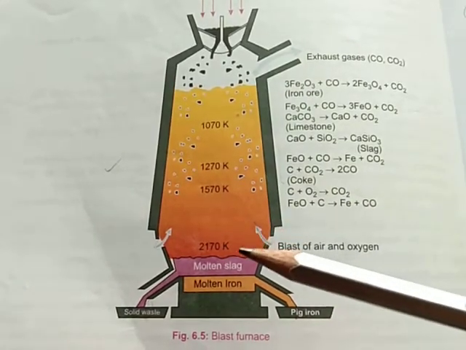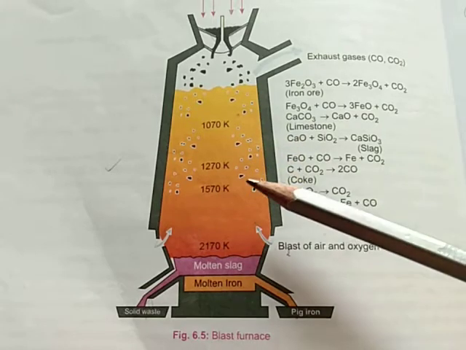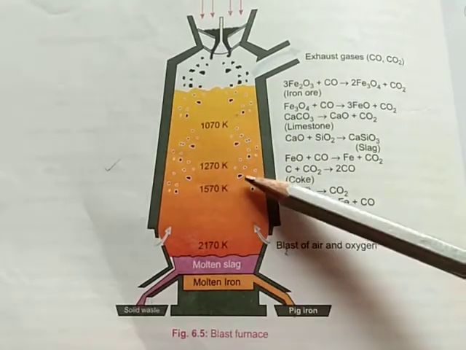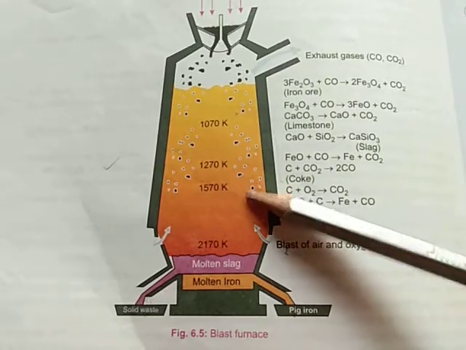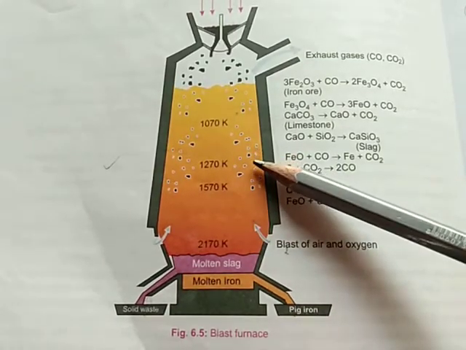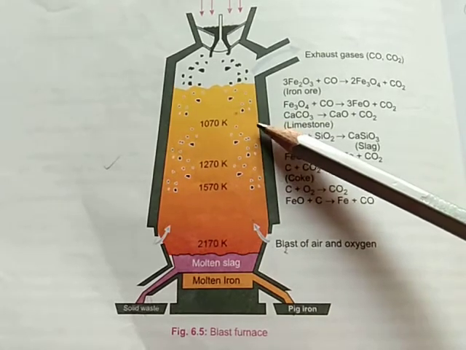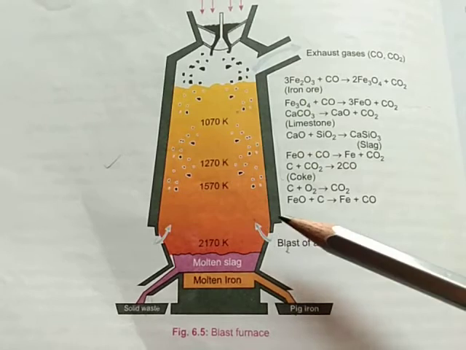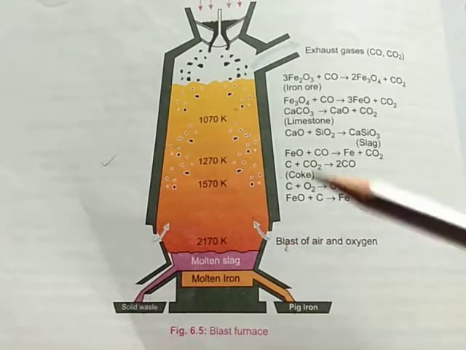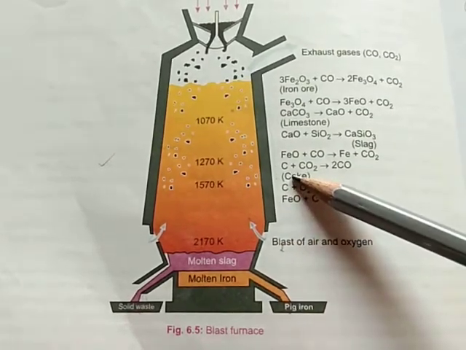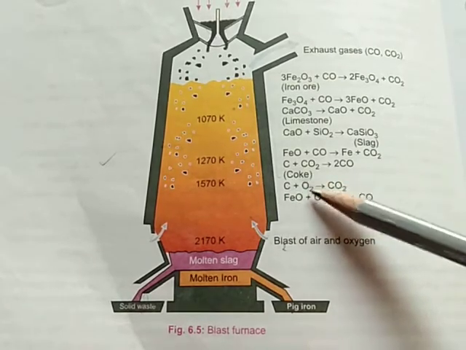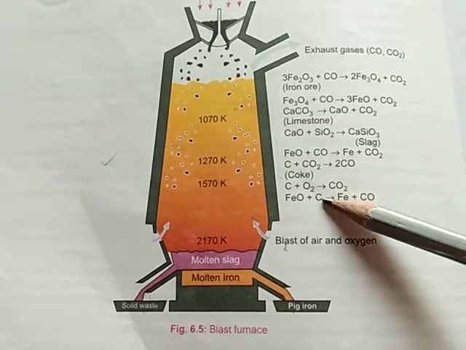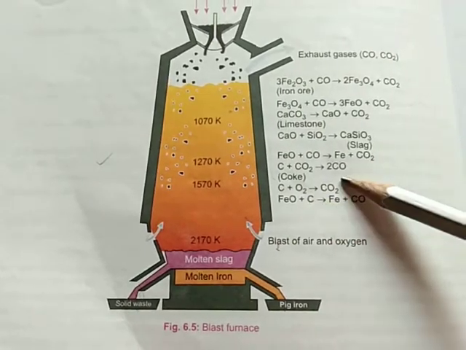In this blast furnace, there are 4 zones. First zone, combustion zone. Second zone, fusion zone. Third, slag formation zone. And fourth, reduction zone. In the first zone, the combustion zone, the coke burns at the base and is converted into CO2, carbon dioxide.